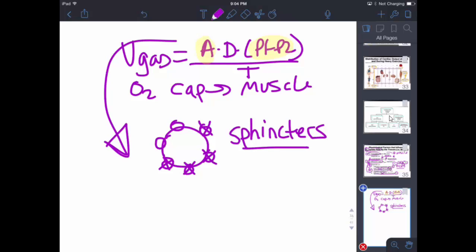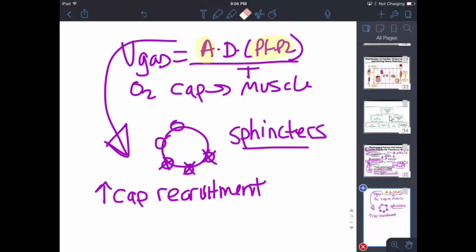What we see during exercise is we get an increase in capillary recruitment. Okay, so if this is a muscle cell that needs more oxygen, then what's going to happen is these are going to start to open up. Okay, the body is going to recruit more capillaries.